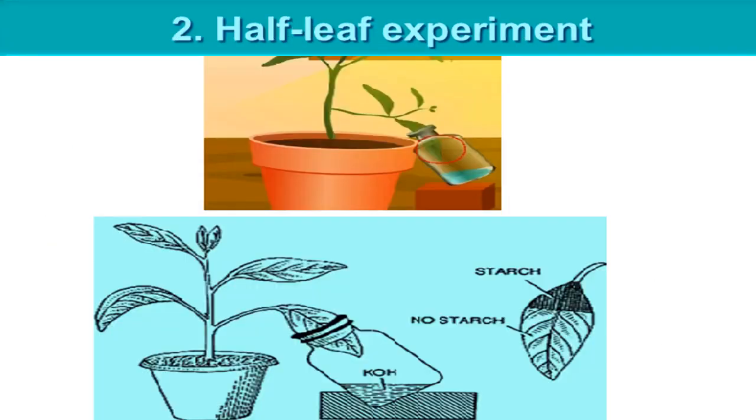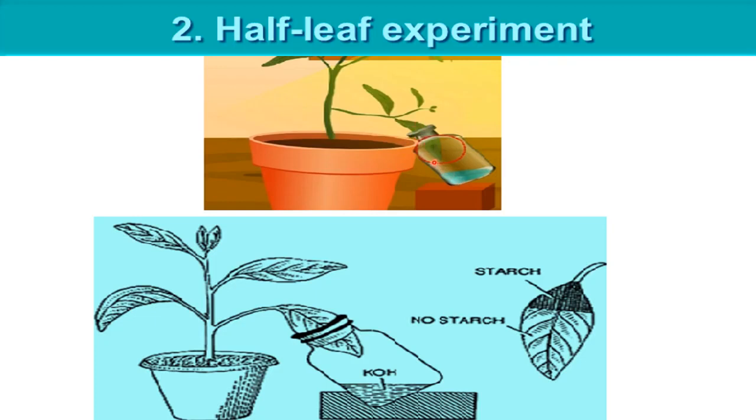Second experiment is half leaf experiment, and for this experiment you can see this plant was taken and one leaf of this plant. So half part of this leaf was soaked into KOH solution.